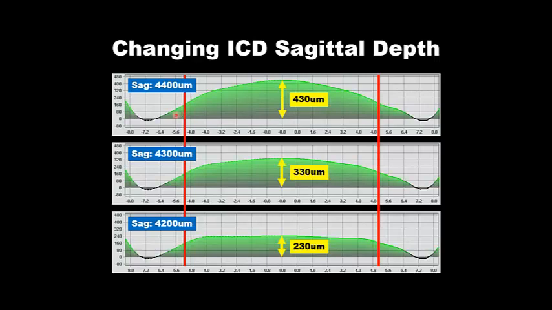But look toward the outside of these red bars here, and notice going from a 42 through a 43 to a 44, there's really no change to the shape of this landing and the limbal clearance. What this tells you is going from one trial lens to the next, expect the fitting or landing of the lens to be the same, uniform throughout the trial set. The only major difference is you're going to be adding additional sagittal depth to the peak.